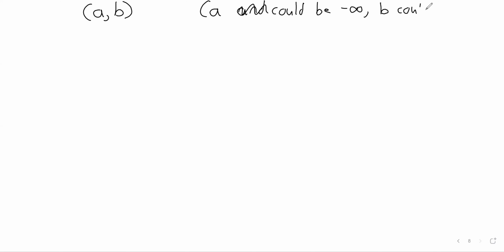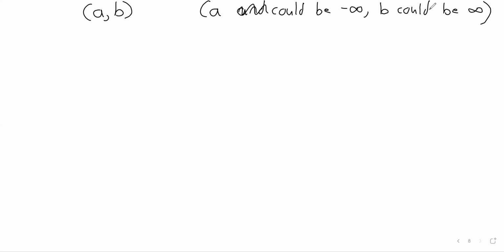So let's say we have an interval from A to B. And the way I have this written, it looks like a finite interval, but it doesn't have to be.